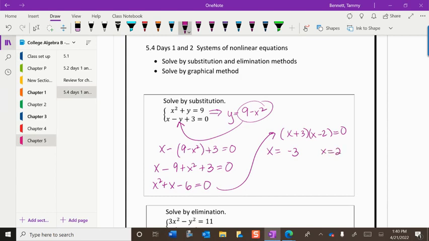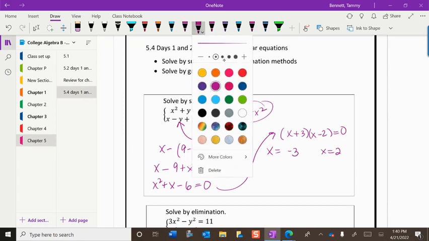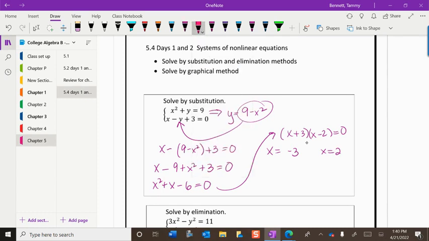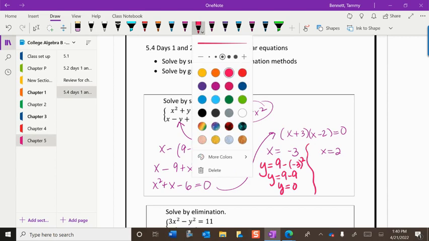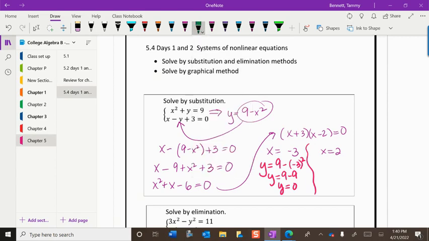Then to find the y value, I'm going to separate this into two different answers. So when x equals negative 3, y is 9 minus negative 3 squared. So y will be 9 minus 9, so my y value is 0. So this solution is, let's use a new color, my x is negative 3, y is 0.